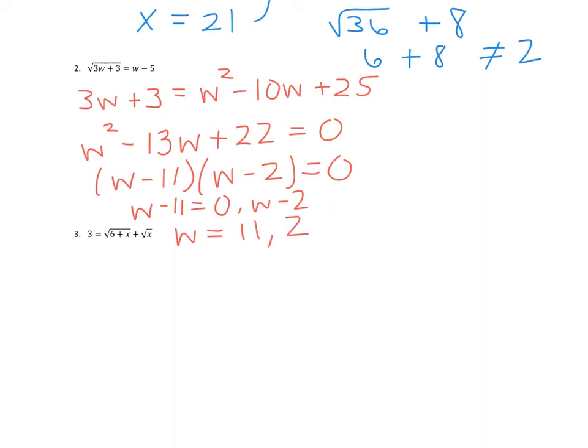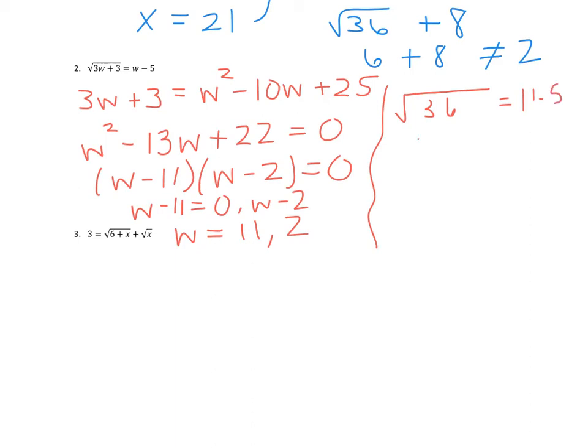All right, and then when we check, we have to make sure they work. We can check 11 first. So if we plug in w equals 11, 3 times 11 is 33, plus 3 is 36. So does that equal 11 minus 5?